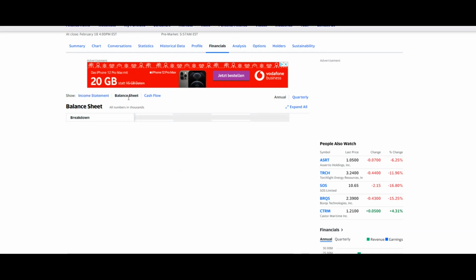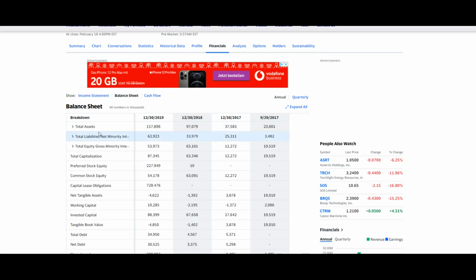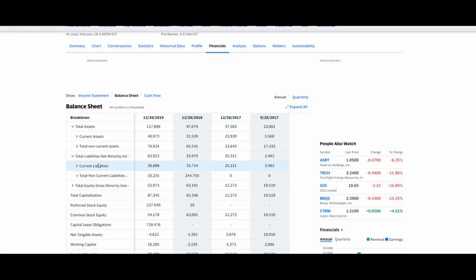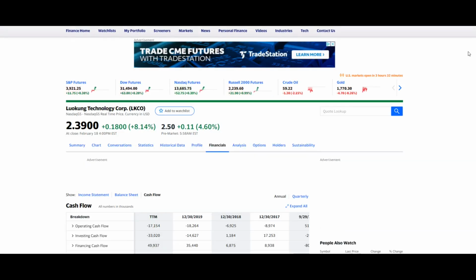And then we go on to the balance sheet. The total assets are $117,000, current assets $40,000, and total liabilities are $63,000. That's okay, and current liabilities are less. So the balance sheet is quite good. Not that good, but still acceptable.